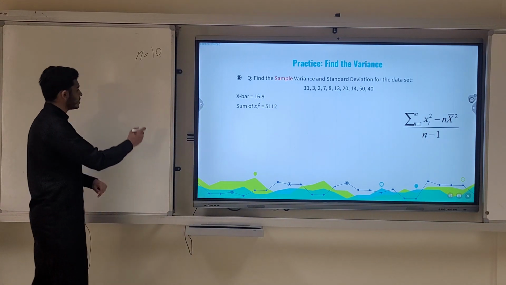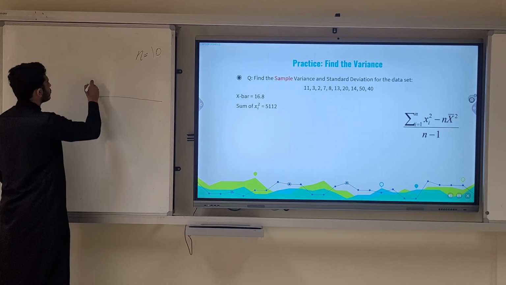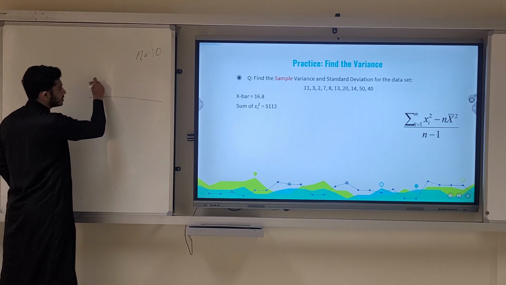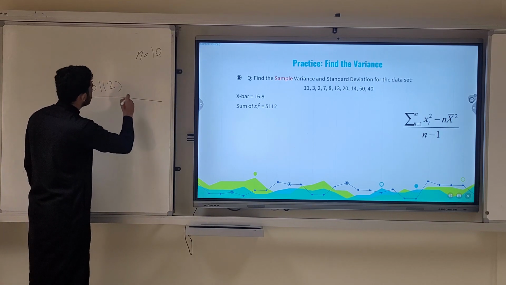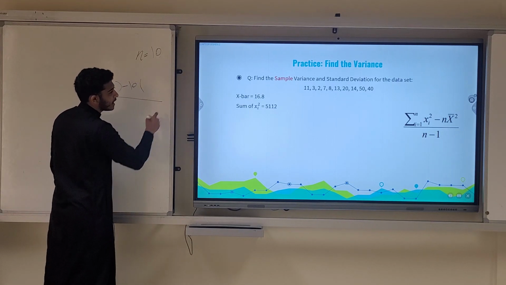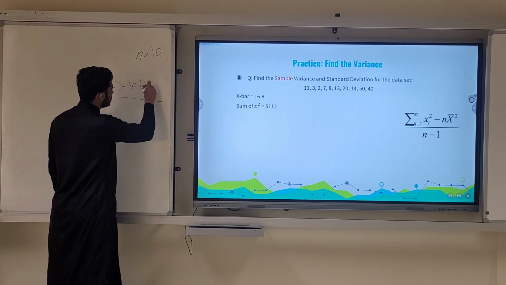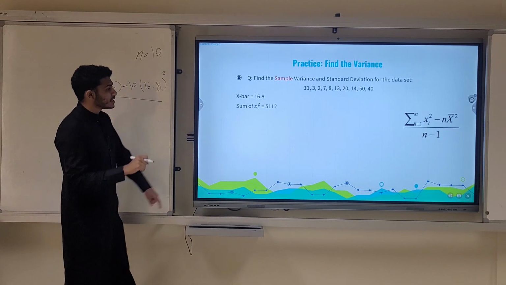Now we just plug the numbers into the formula. Let me show it here. According to the formula, we're going to have 5,112 minus 10 multiplied by x bar squared, which is 16.8 squared, divided by n minus 1.